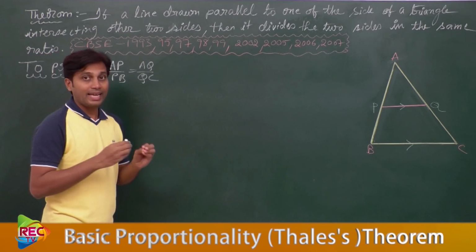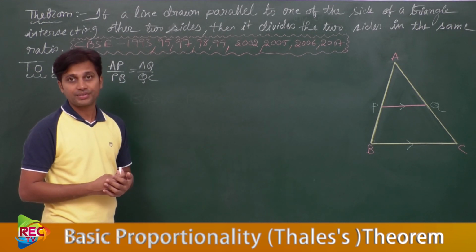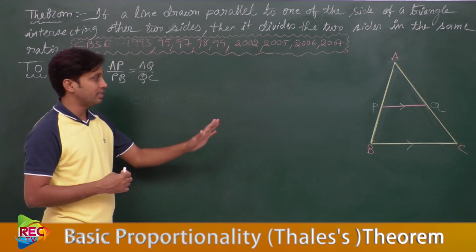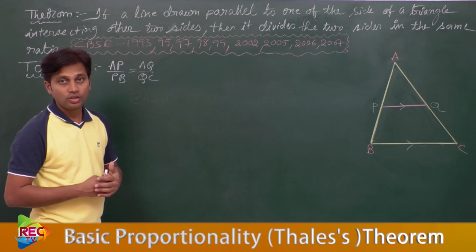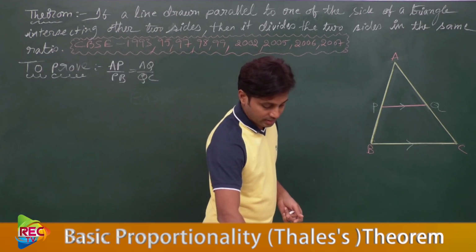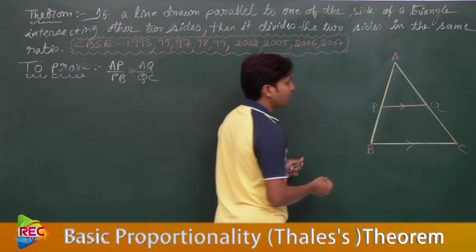For this, is anything else required or are the given conditions sufficient? No. We need to do some additional constructions in this diagram. Okay, let us do those constructions here. Let me draw here.